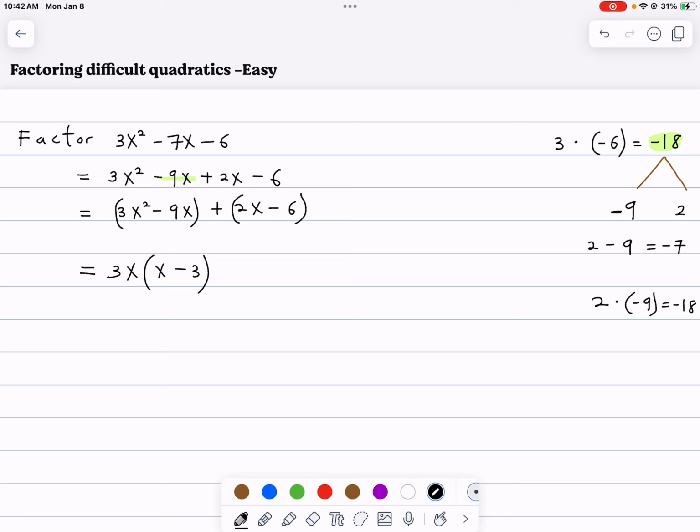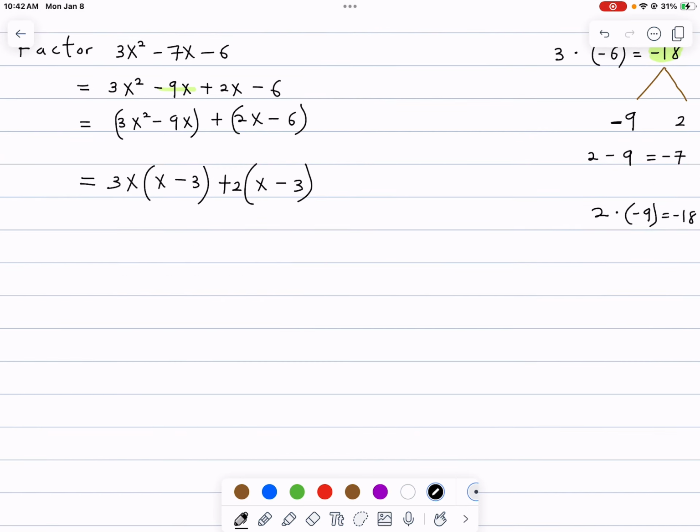Plus, what is common between 2x and negative 6? 2 is common, so I can pull out a 2, and then I'll be left with x minus 3. Okay, now if you look at this term here, and this term here, what is common between those two terms?